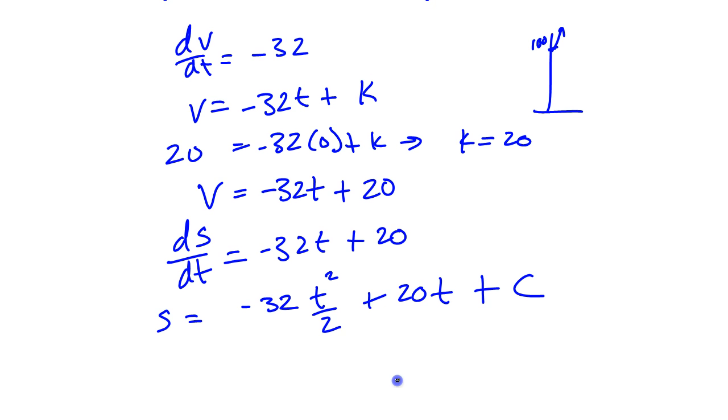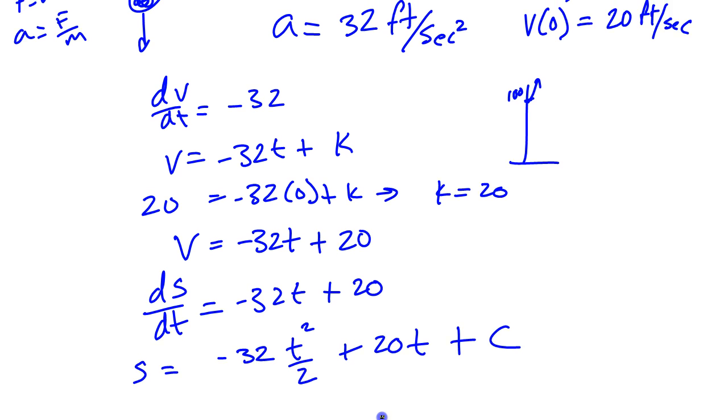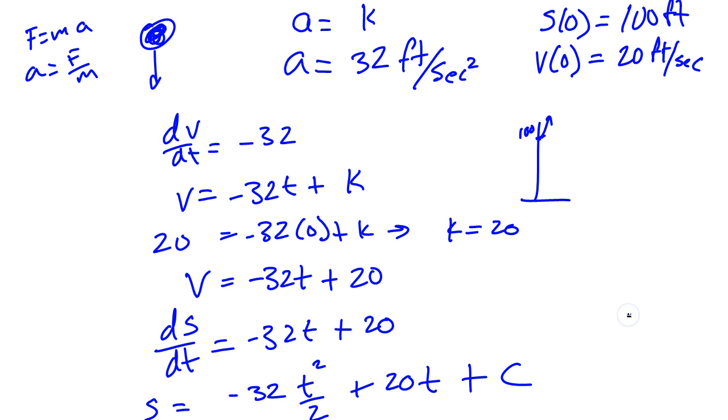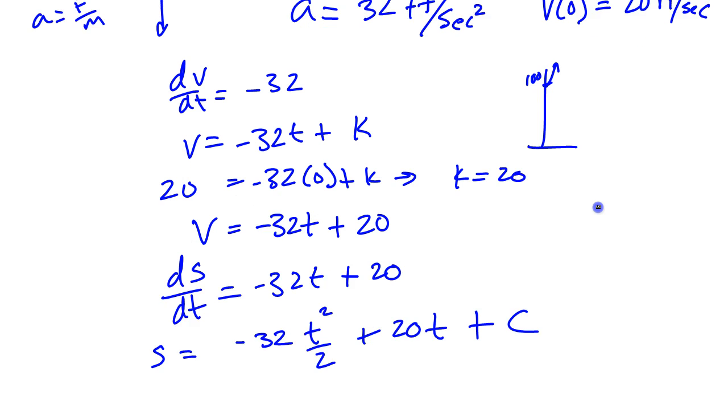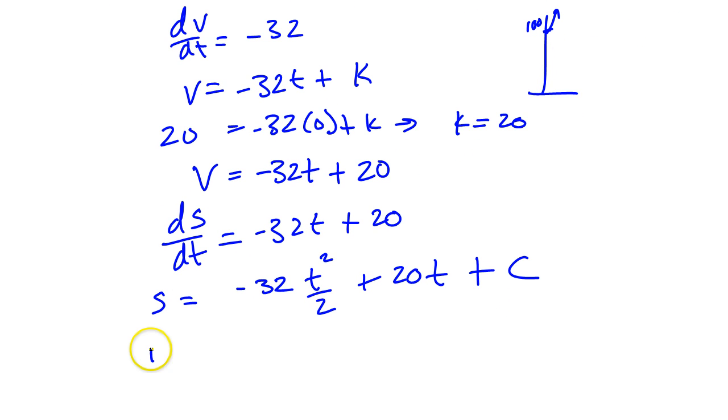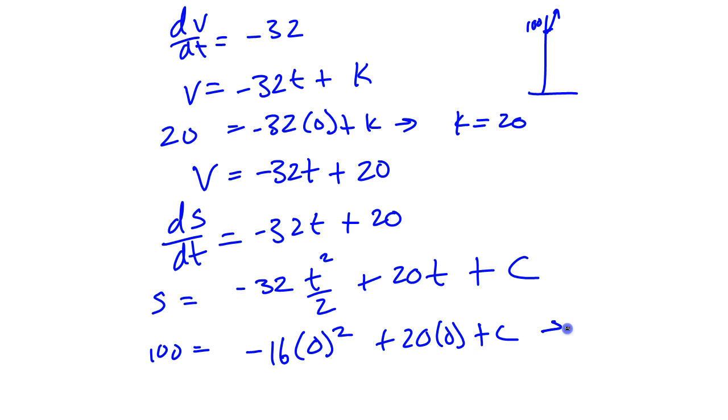So I'm going to go back and use this bit of information that at time 0, the height was actually 100. So using that information, 100 equals, and 32 divided by 2 is 16, so minus 16t squared, but t is 0. 100 is when I plug a 0 in here. Plug a 0 in there and get plus c. Well, in this case, c is equal to 100.